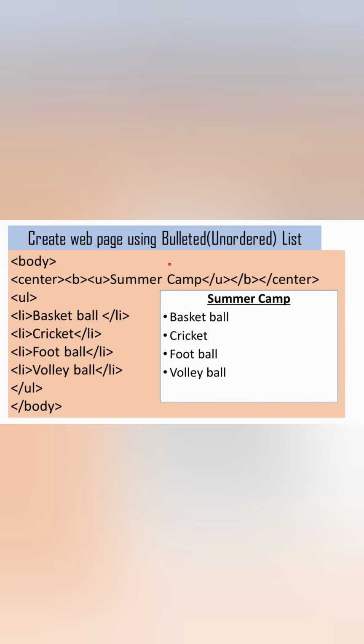To create a web page using bulleted or unordered list, which type of tags are you using? Yes, UL tag, that means unordered list. Between the UL pair of tags you have to use the list item tags. So I need the content of my web page like this.